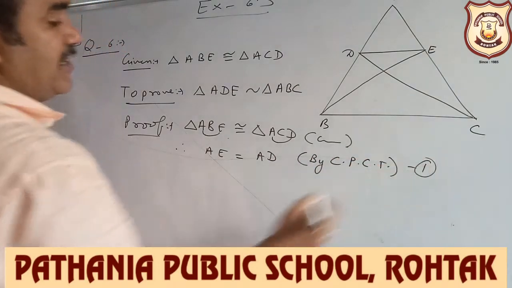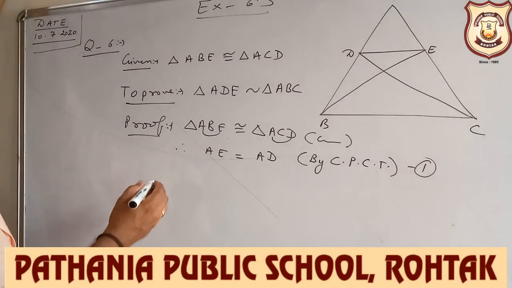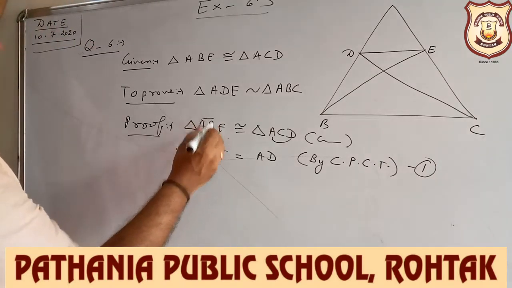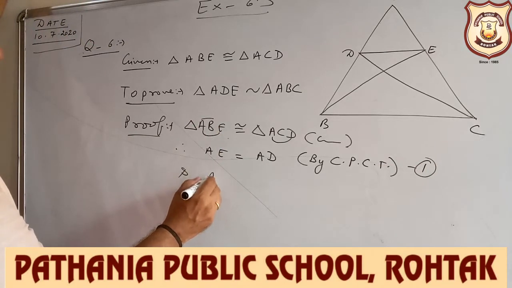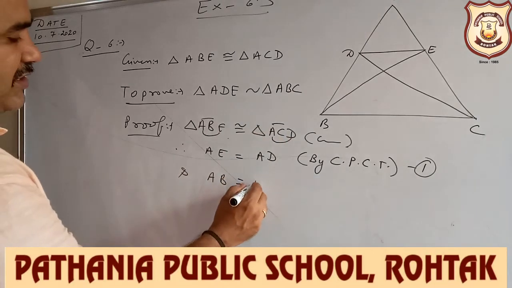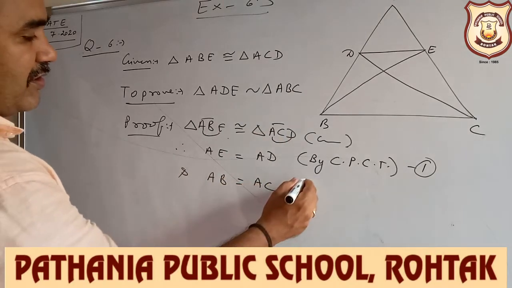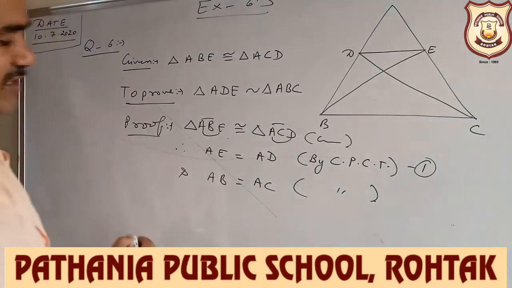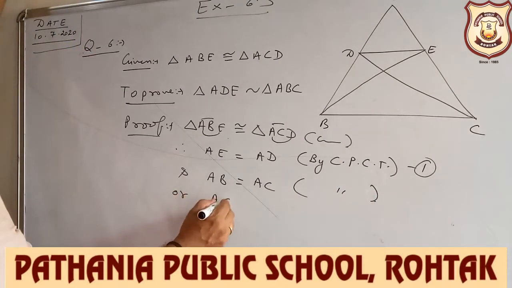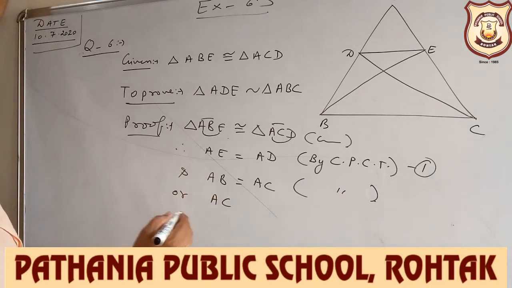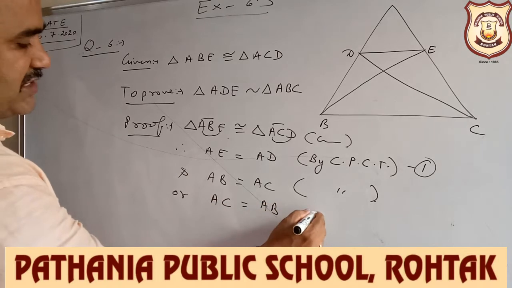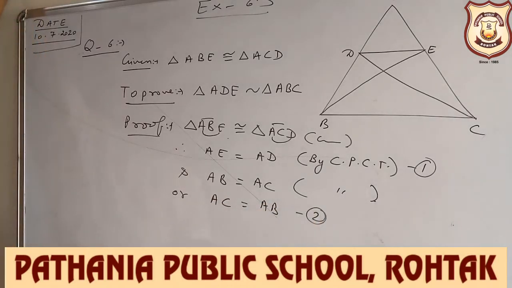Mention this one as 1. And this one AB is equal to AC, same reason by CPCT. Or you can write this one as AC is equal to AB. Mention this one as second.